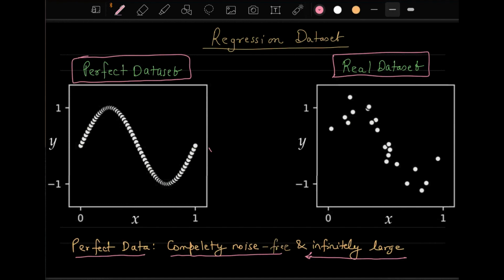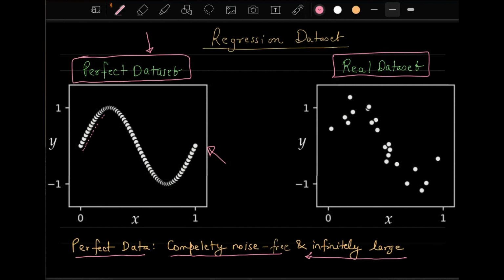As you can see here, there is no noise in this data set, and the amount of data you can see over here is infinitely large. You cannot count these points, but it is infinitely large and there is no noise. That's why it's called a perfect data set, and it's not really available.